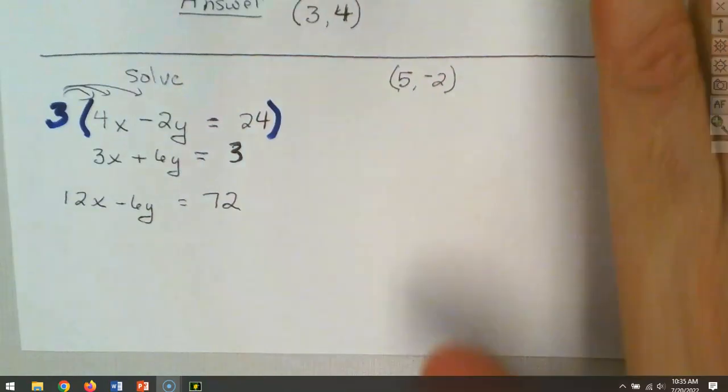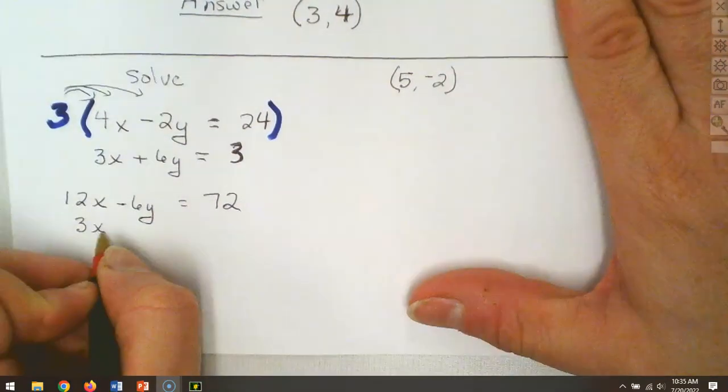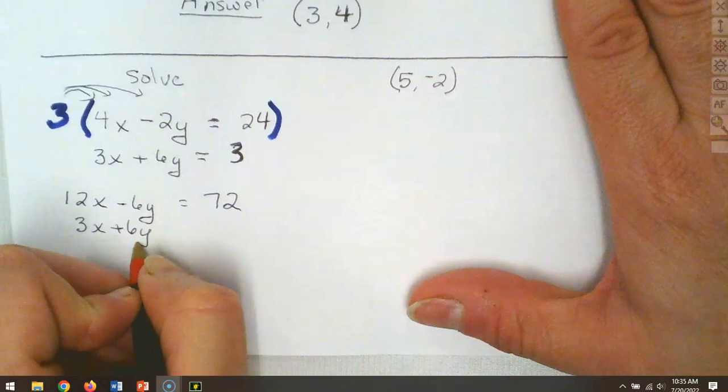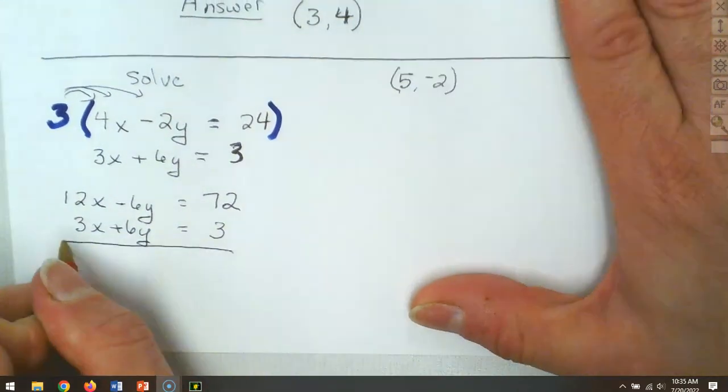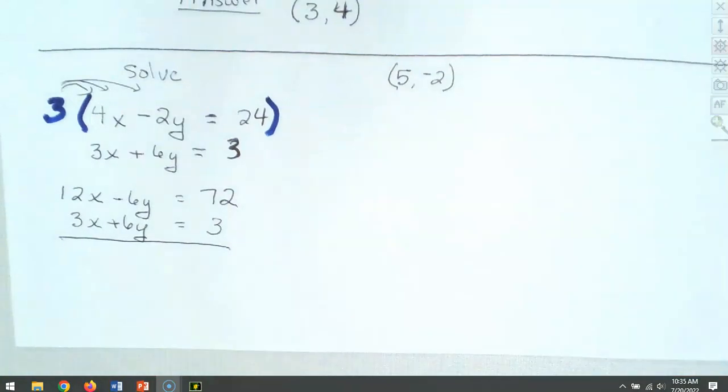We're going to keep the lower equation the exact same. And now what can I do? Well, now I have successfully made it so that when I add down, what happens to one of the variables? It goes away, right?